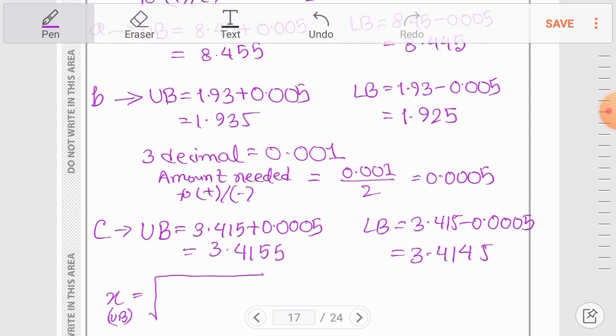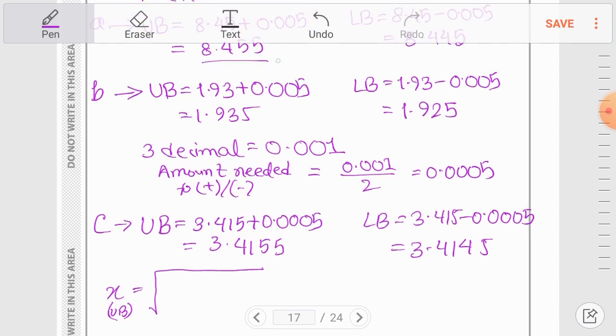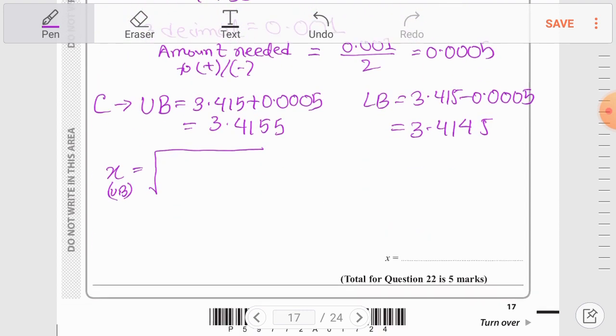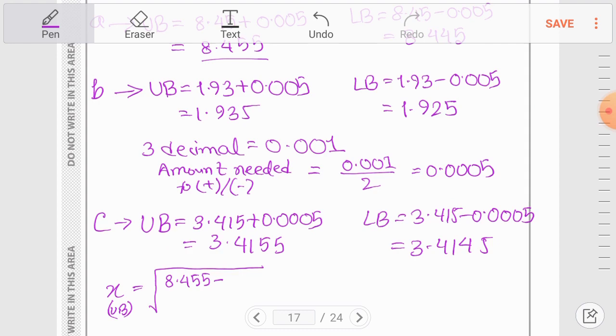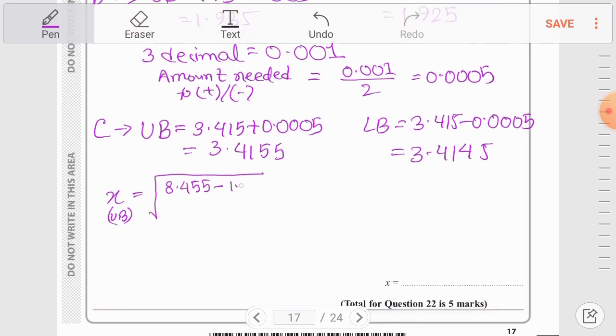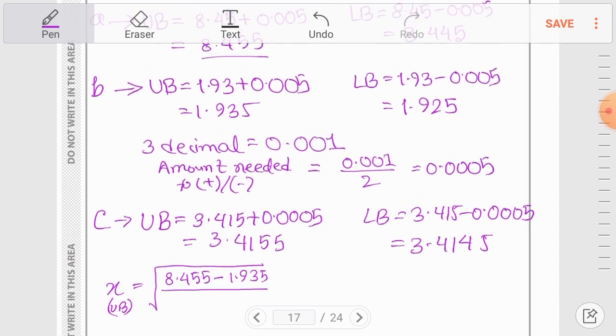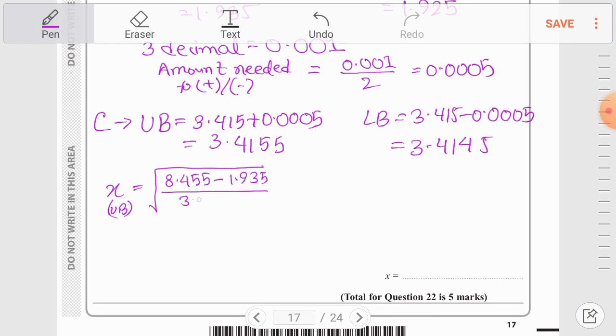The upper bound value of a was 8.455, so 8.455 minus the upper bound value of b, that was 1.935, divided by the upper bound value of c, that was 3.4155, and if you do this you get a value of 1.381646.